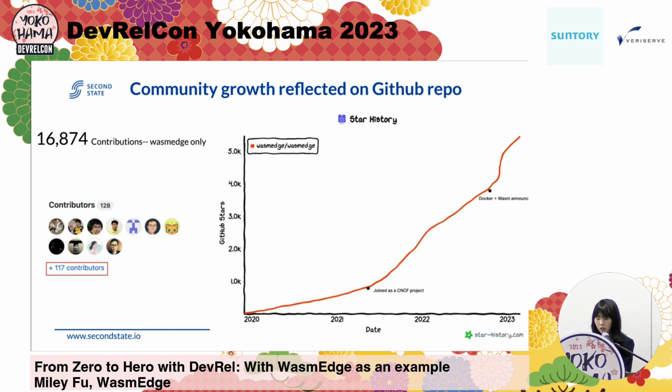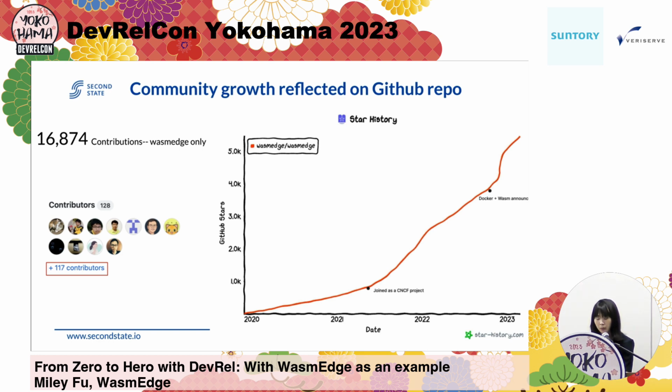From the star history of WasmEdge, you can see that the first inflection point is when we joined the CNCF. That's when more people started to notice us. The second point, the black dot, is when we partnered with Docker.